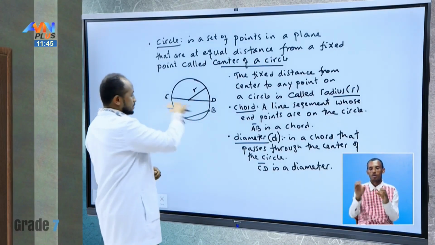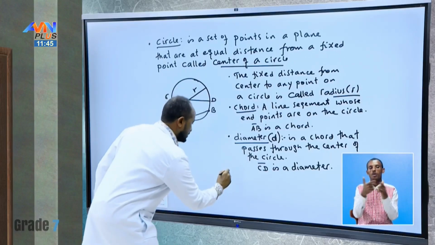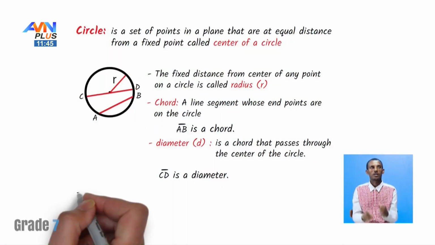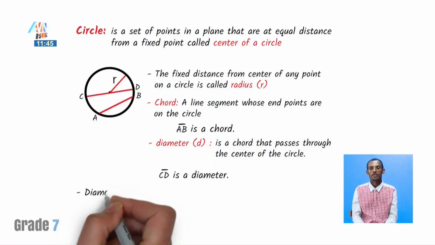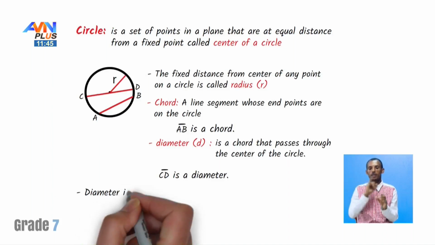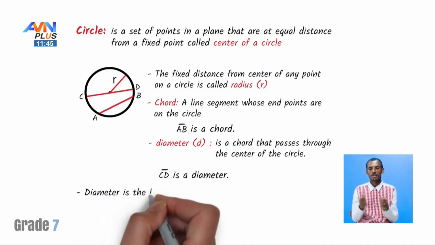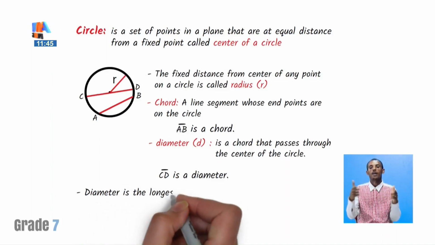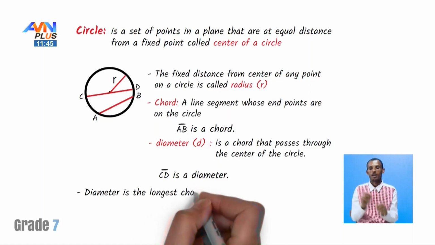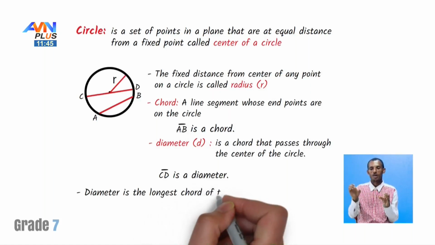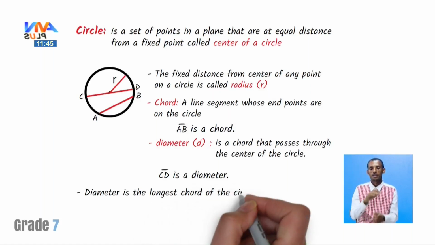So diameter is the longest chord of the circle.